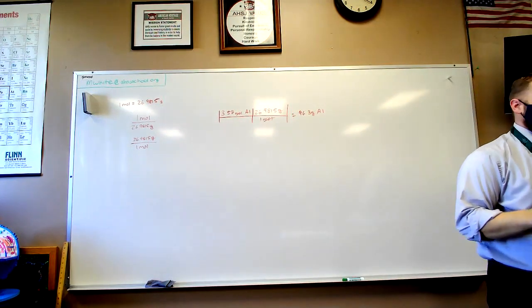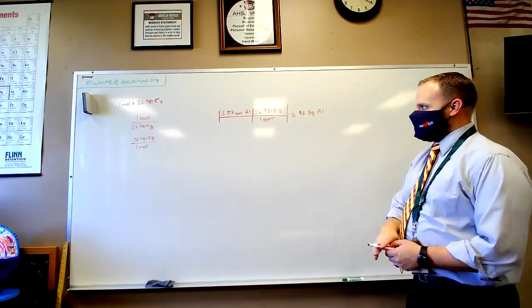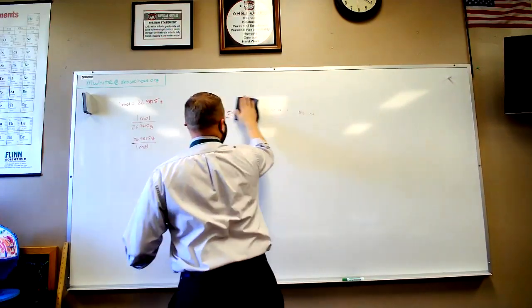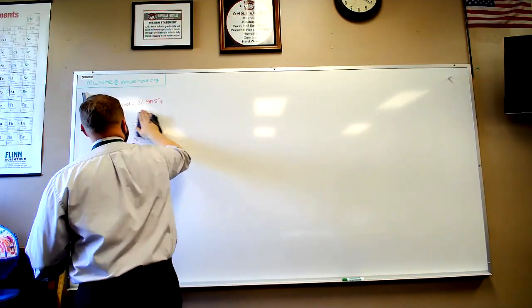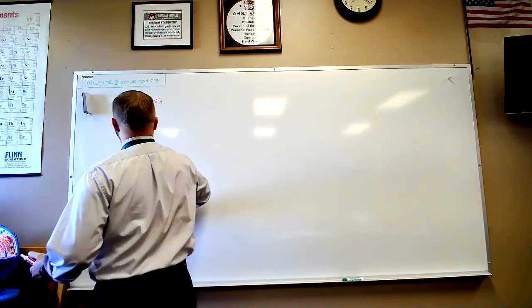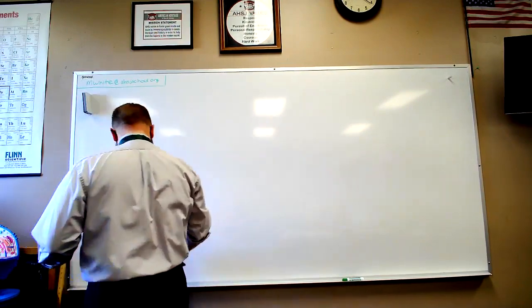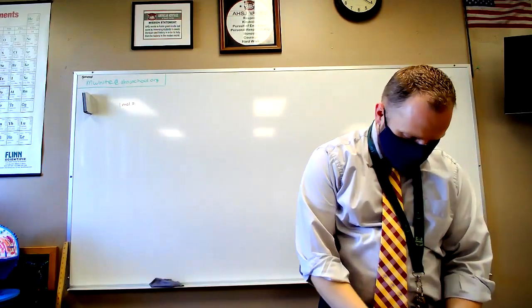Pretty straightforward. Okay. Let's do a couple examples going the other direction, though. So this was moles to mass. Let's do mass to moles. So we'll move on to example problem 3.